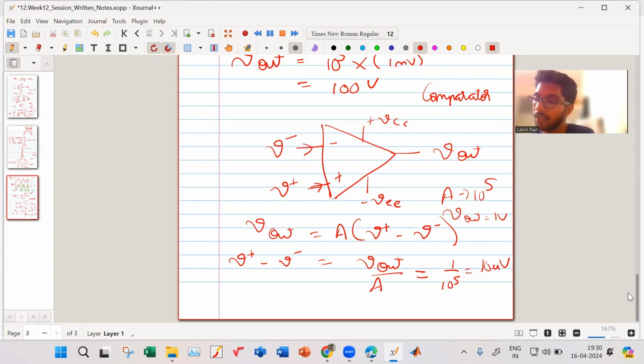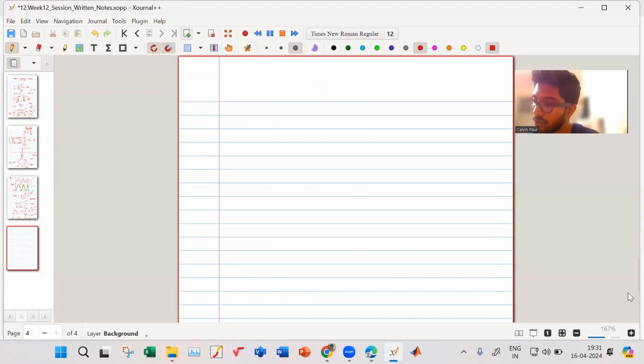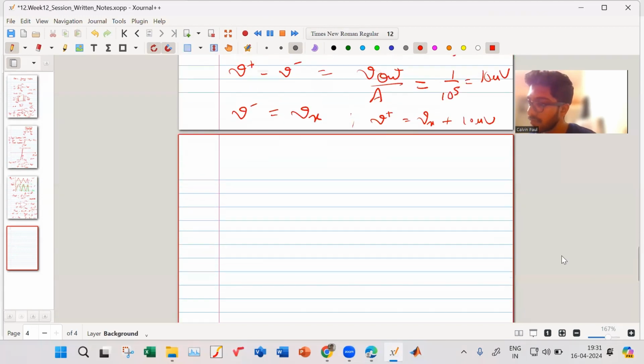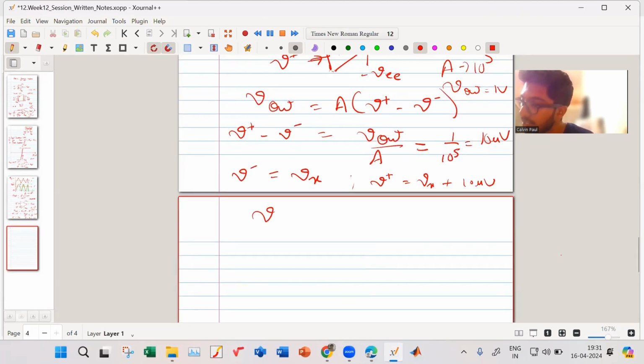So that means suppose V minus is equal to Vx, some voltage, and your V plus is Vx plus 10 microvolt. This has to be satisfied, because only then your V output will be 1 volt. So you could say that V plus is approximately equal to V minus, because 10 microvolt is a very small value.